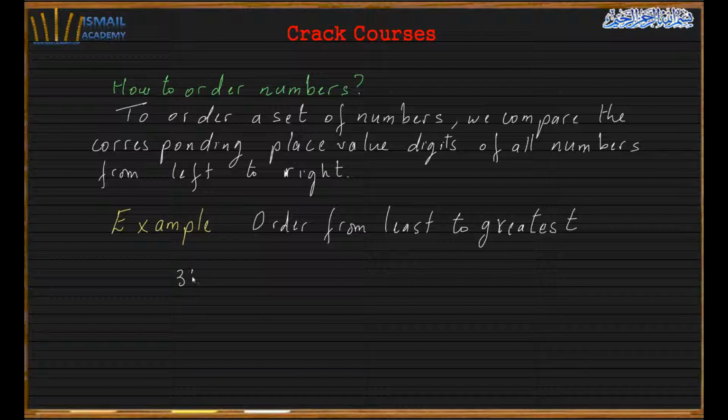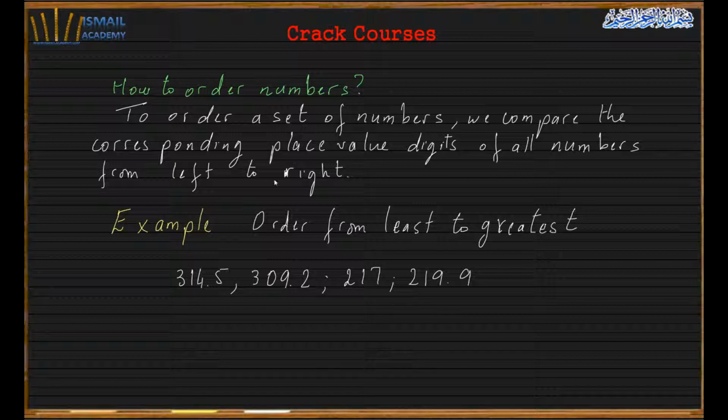I have 314.5, I have 309.2, I have 217 and 219.9, for example. I just picked 4. It can be 5, it can be any set of numbers.